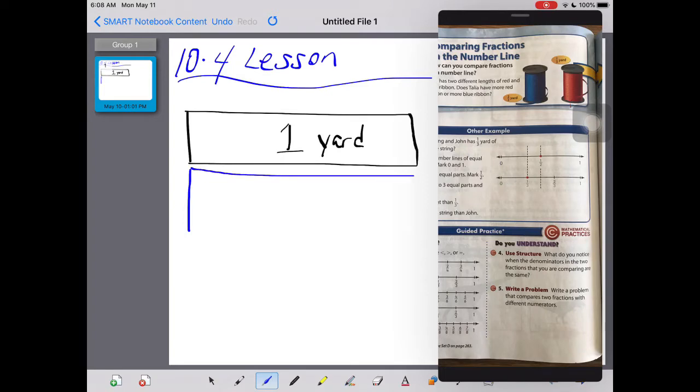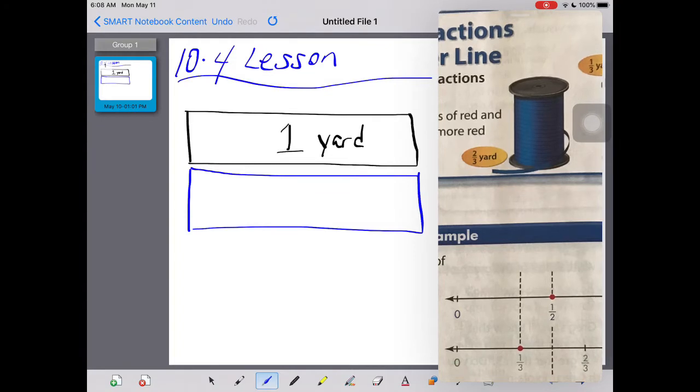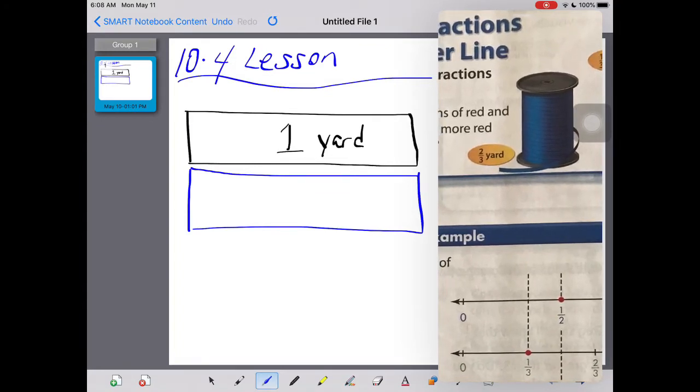Then I'm going to put in blue. I'm going to draw another rectangle the same length, and I'm going to break it up into thirds because the denominator for the blue is 3. So I know that the whole yard is broken up into thirds.